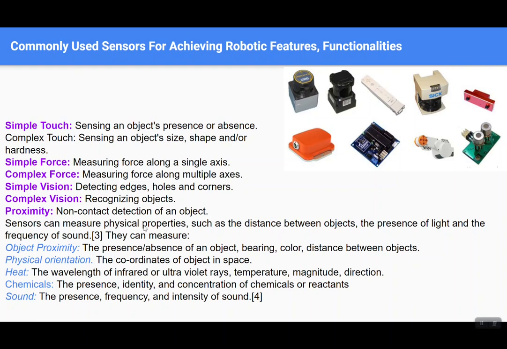Sensors can measure physical properties such as the distance between objects, the presence of light, and frequency of sound. They can measure object proximity, physical orientation, heat, chemical, and sound.